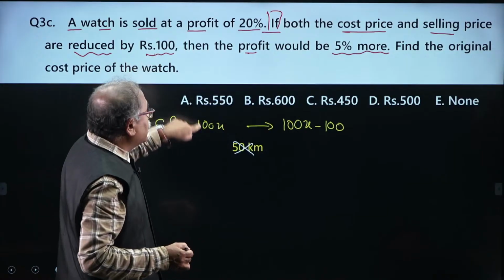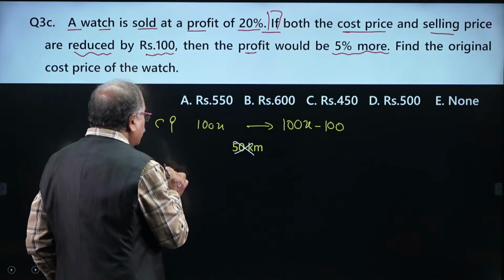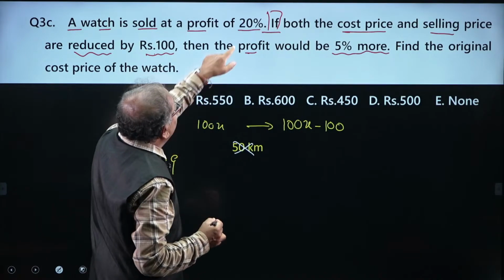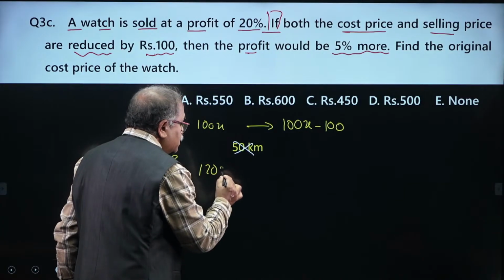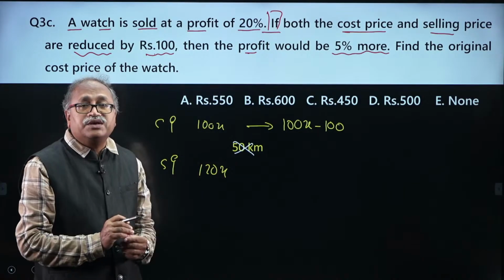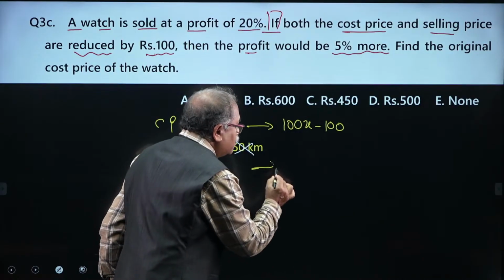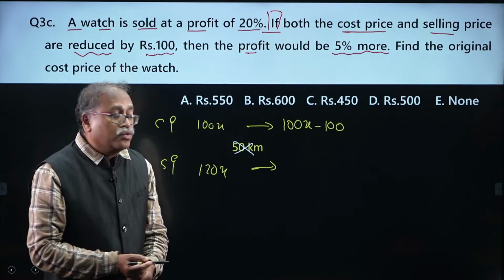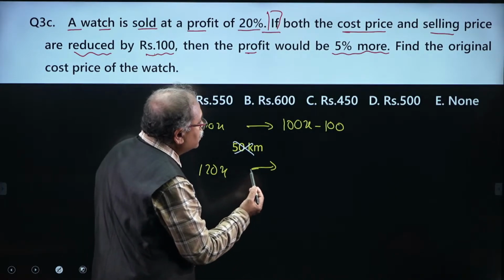If a percentage had been there, I would have taken 100. Coming to the selling price, in the previous case the profit was 20%, so that is 120x, because the cost price is 100x with 20% profit. Then the profit percentage is 5% more.